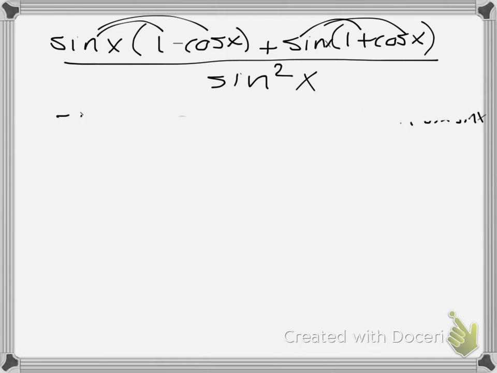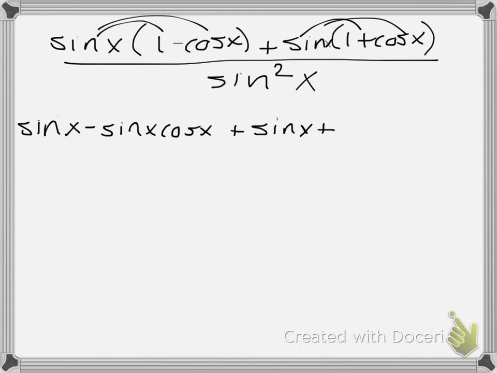And let me try to make that halfway legible. So again, after distributing, my sine of x minus sine of x cosine of x plus my second part, sine of x plus, again, sine of x cosine of x. So again, I'm just manipulating my numerator.